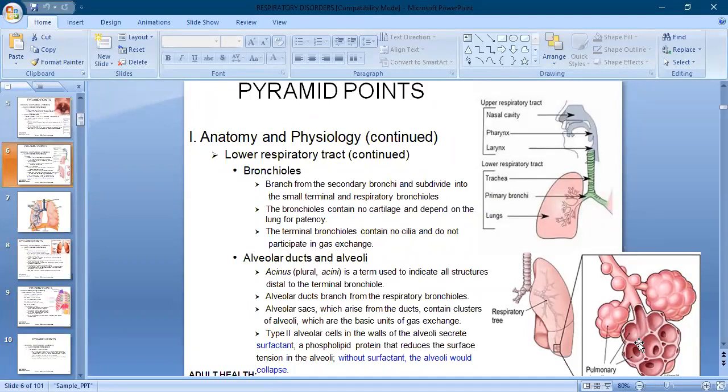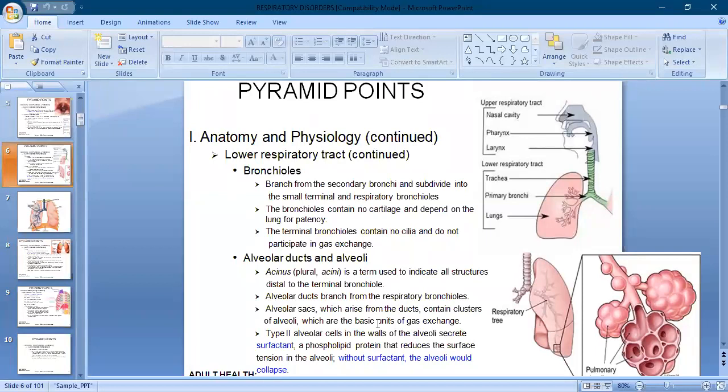And alveolar sac, so this is the alveolar duct here, and every one is called an alveolar sac. So the alveolar sac, which arises from the duct, contains the cluster of alveoli, which are the basic unit of gas exchange. So if I ask you where gas exchange actually takes place, you can say alveoli or alveolar sac, right?